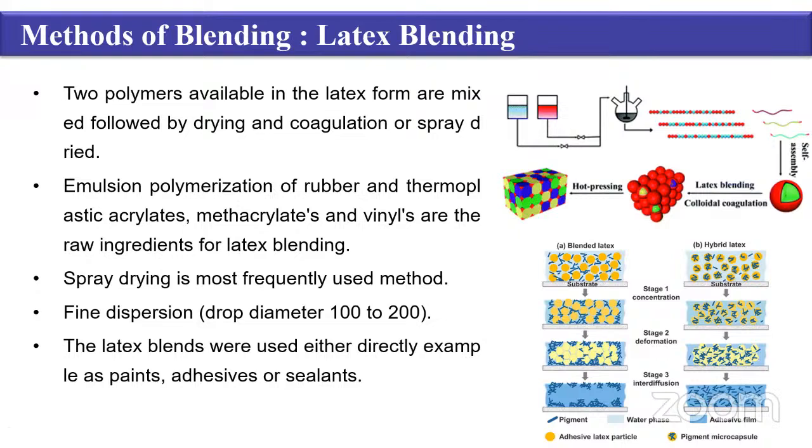For this process, spray drying is the most frequently used method, and the morphology we get is a fine dispersion, with drop diameter from 100 to 200. These blends can be directly used in paints, adhesives, or sealants.